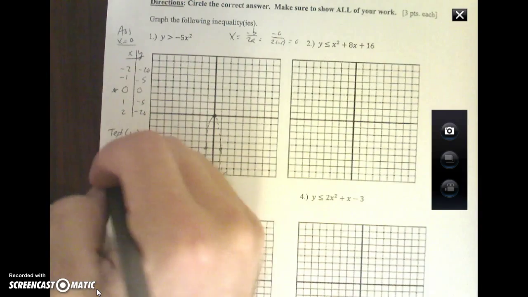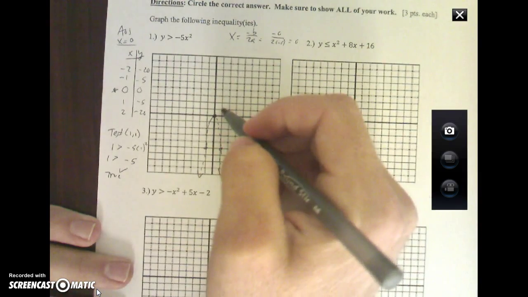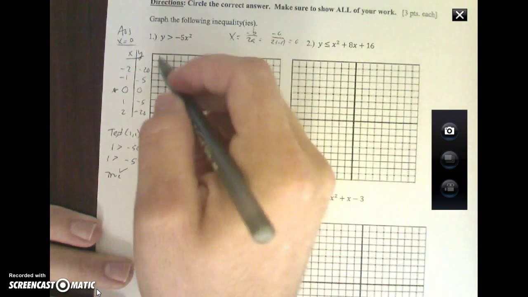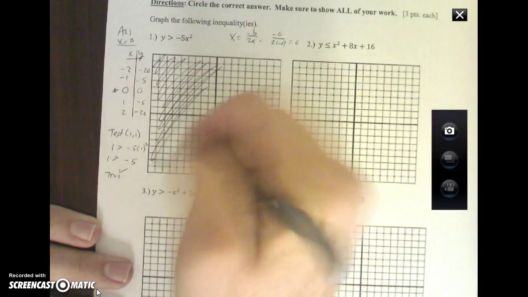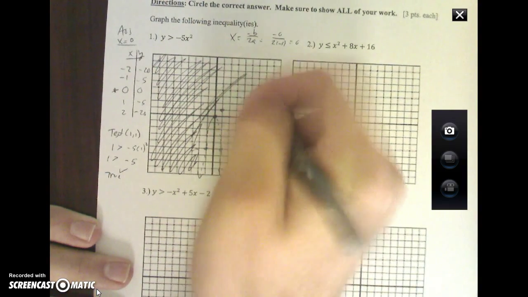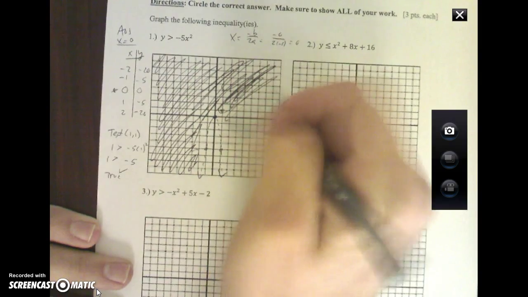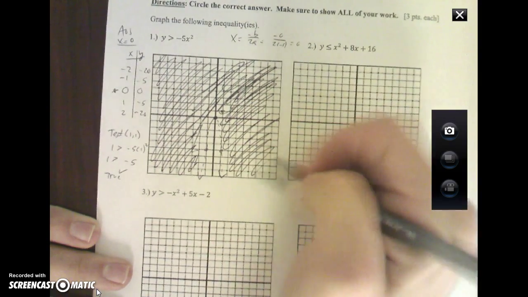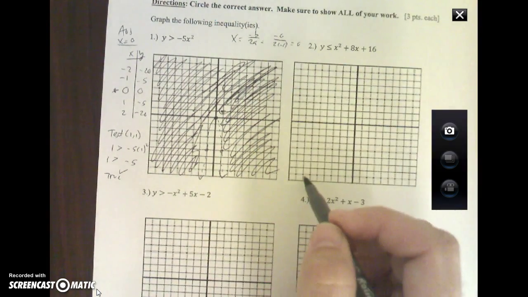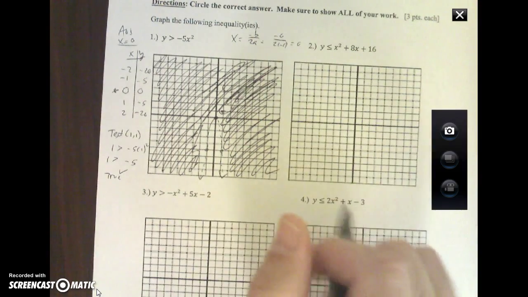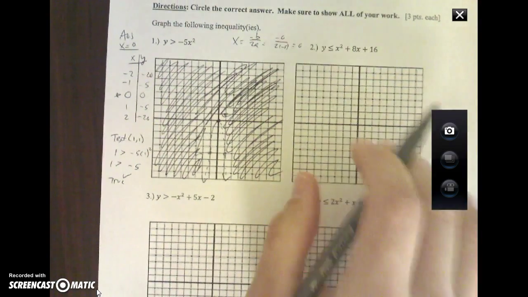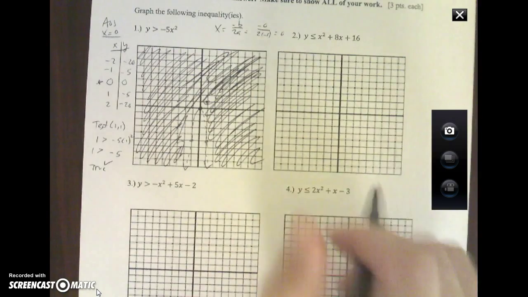That is true. So I know this point works. So I'm going to shade that part of it. Okay, there we go. That's all I'm looking for, really. We should be in good shape.